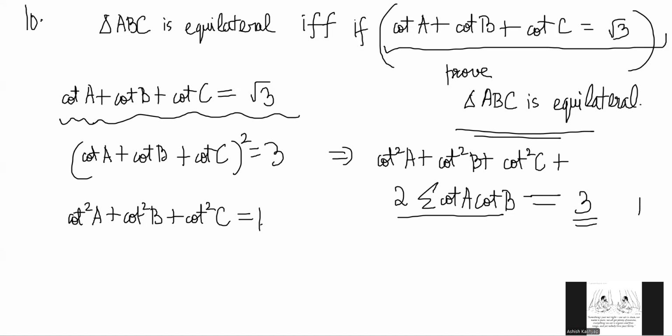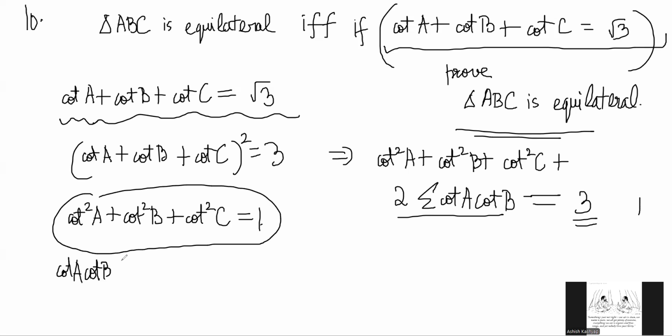So what is obvious from that? So basically now we know that this summation is 1 and we also know cot A cot B plus cot B cot C plus cot C cot A, that is also 1, right?